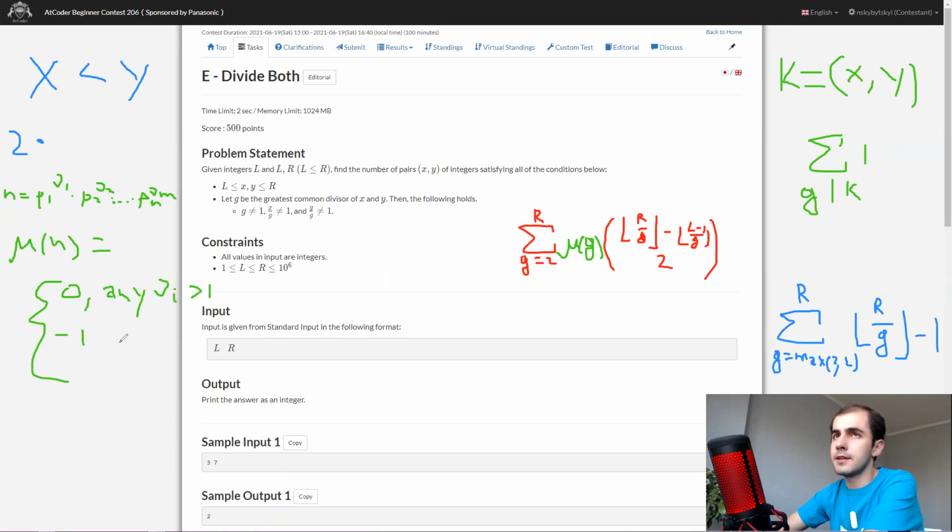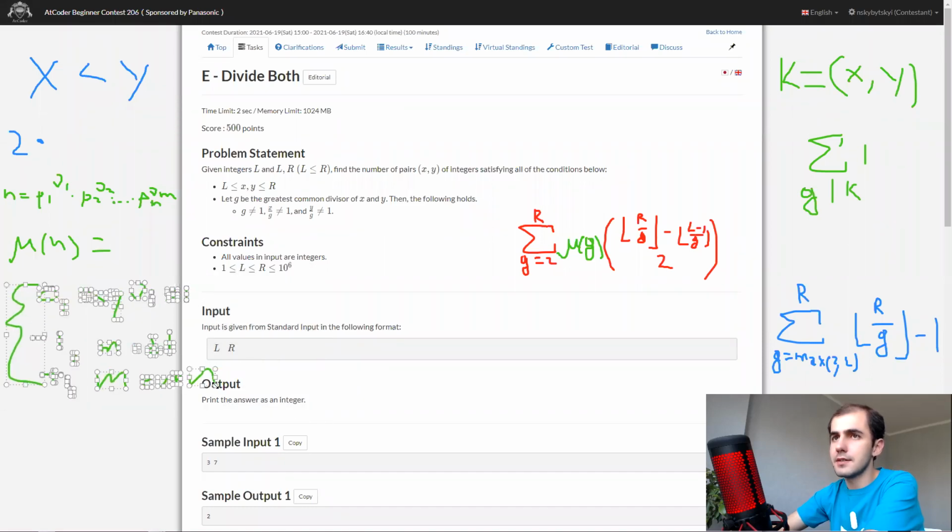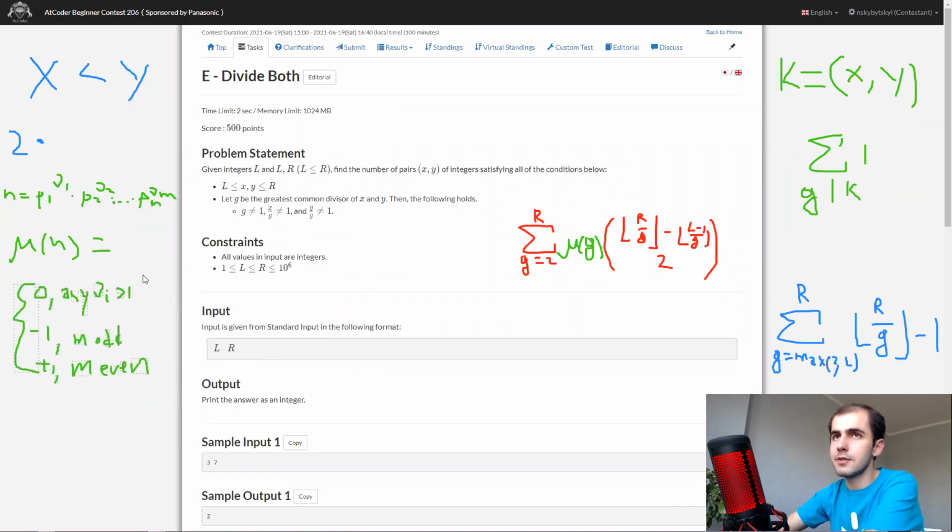It's -1 if m is odd, and it's +1 if m is even. Alternatively, you may say that for every number divisible by a square of a prime, the Möbius function is 0. Otherwise, it's -1 to the power of how many prime divisors we have.